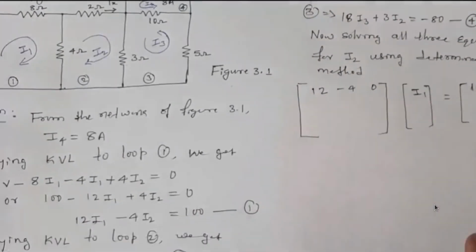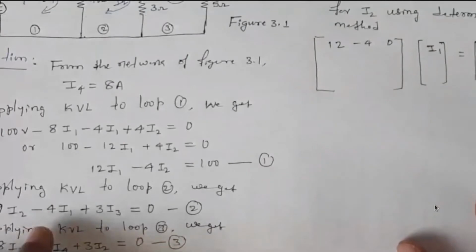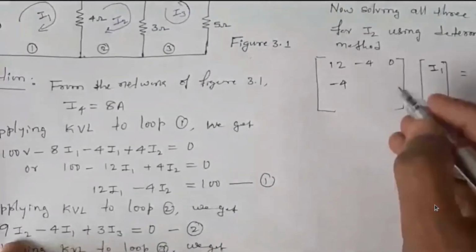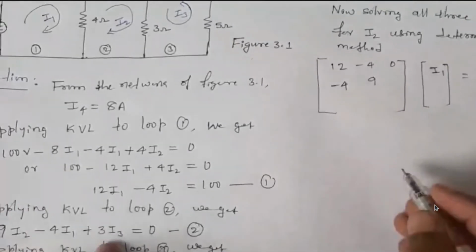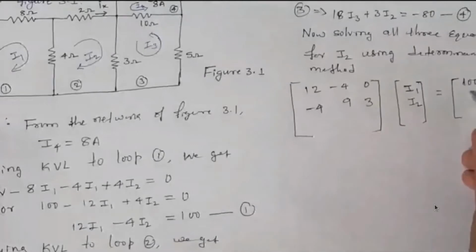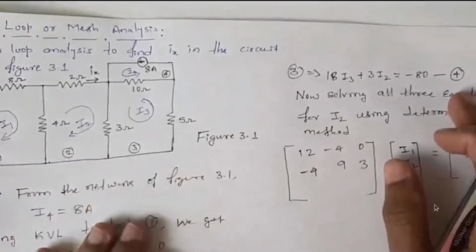And equation 2, you can see here equation 2. So equation 2 is -4 I1, 9 I2 and 3 I3, equal to 0. And lastly, dear students, equation 4 I use.